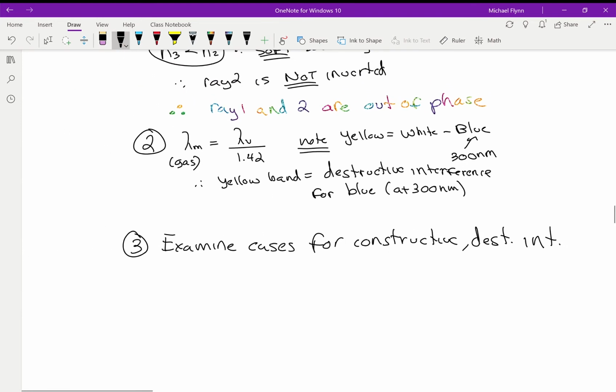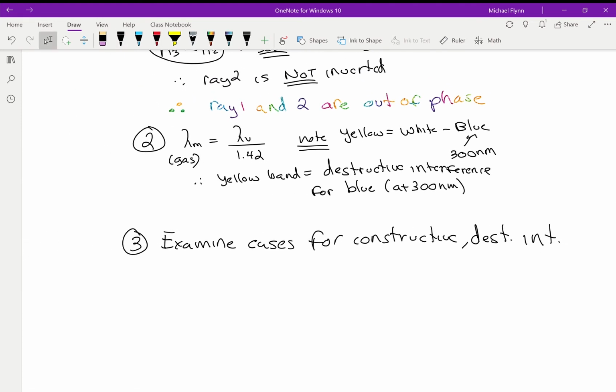So here's the deal. Case 1, we're looking for cases of destructive interference. So let's do that first. We're trying to find a destructive interference thickness for blue, right? So let's do destructive interference. And we'll do constructive interference also.